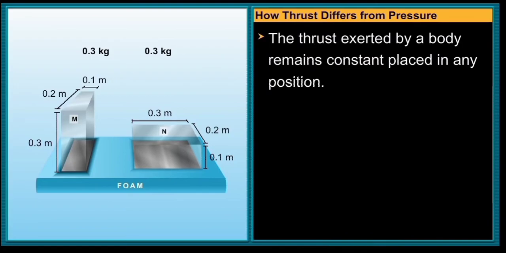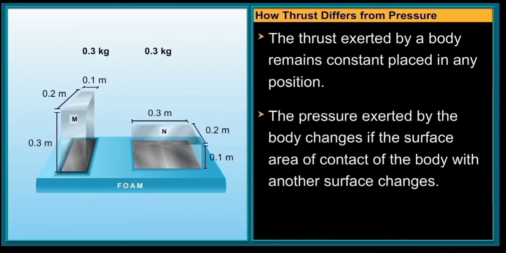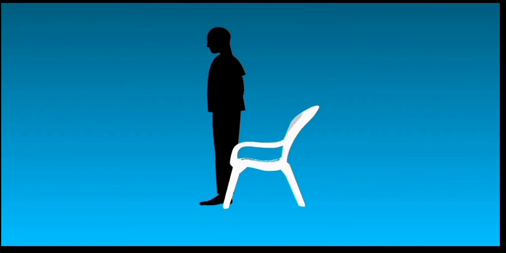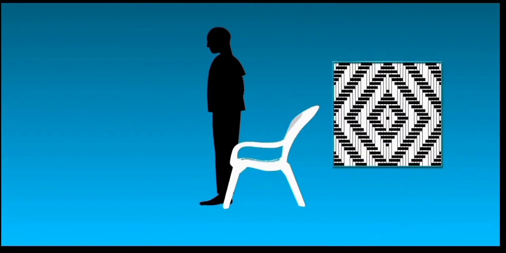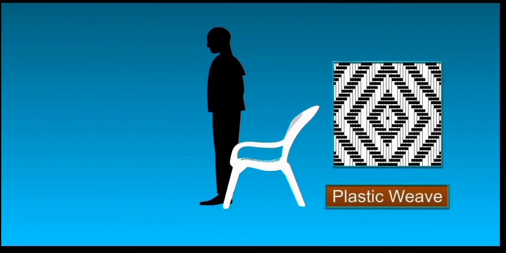The thrust exerted by a body remains constant placed in any position. However, the pressure exerted by the body changes if the surface area of contact of the body with another surface changes. Let's look at another everyday example. You may have used chairs in which the seat is created from plastic weave.